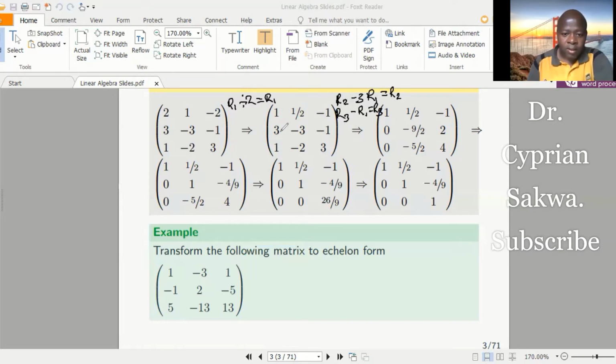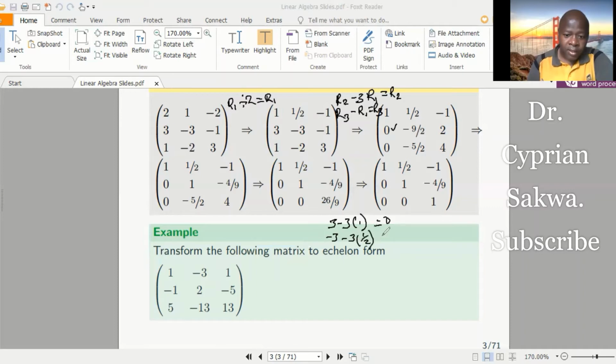So I want a 0 in this position. I have already said row 2, which is 3, minus 3 row 1. But the element in row 1 is 1. So this gives me 0, and it is the 0 you are seeing here. So I come to this other position. The element in row 2 is negative 3, then subtract 3 row 1, and the element in row 1 is a half.